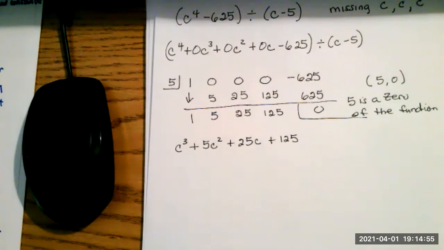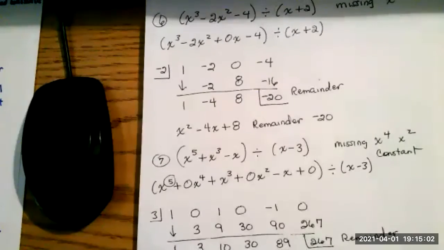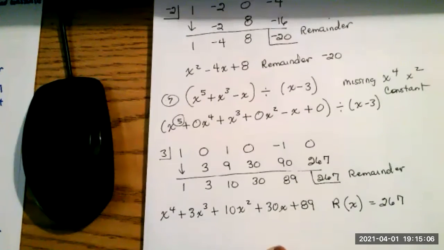I have a question back on number 7. What's your question on 7? At the end of our quotient, we put plus 89, but it's minus x up in the thing.